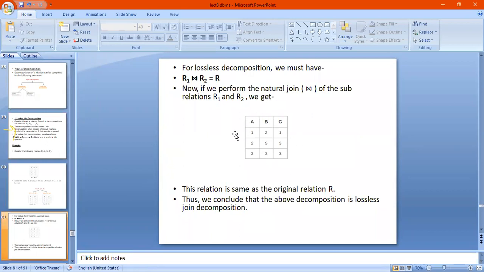Are we losing anything? No, it is the same. The original is the same as the updated one, so we are not losing anything. So this type of decomposition is called lossless join decomposition.